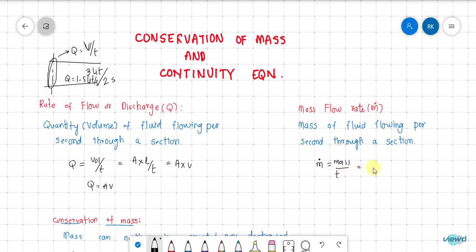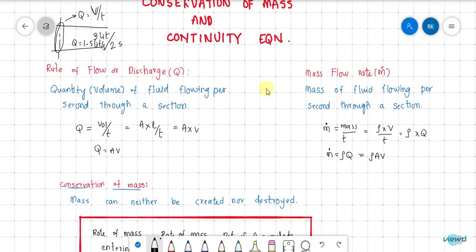So mass is equal to rho into volume, divided by time. This volume by time is discharge. So m dot is equal to rho Q, which is also equal to rho A v, since Q is A into v. So rho A v gives us mass flow rate. That is discharge and mass flow rate.